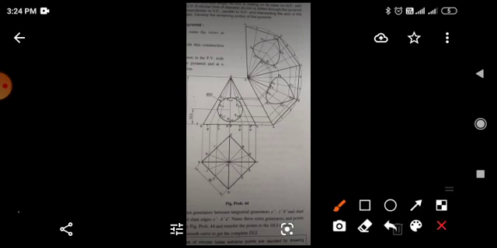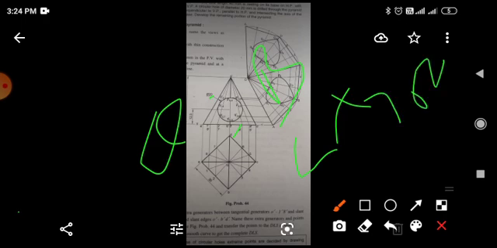Theta is equal to r upon l into 360, where l is the slant height and r is the radius. By using this formula you just have to find out that angle theta and draw it at the respective position to get the sector. Divide that sector into 12 parts, divide that circle into 12 parts, take the position of 1 to the 1 line as I told you.